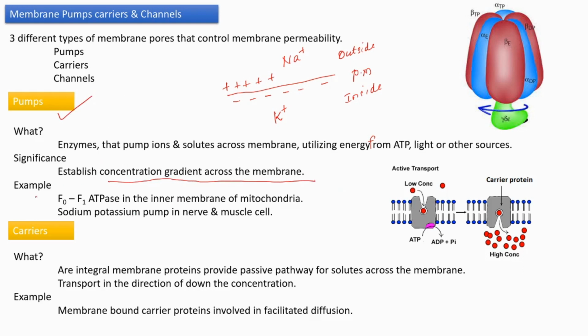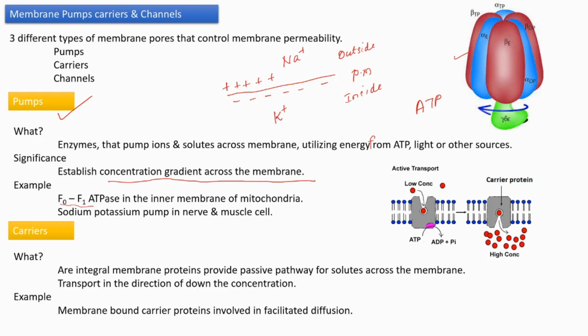An example for such a type of pump is F0, F1 ATPase. Its picture is shown here. It is present in the inner membrane of mitochondria. It is involved in the synthesis of ATP, so that's why I called it an ATPase enzyme.